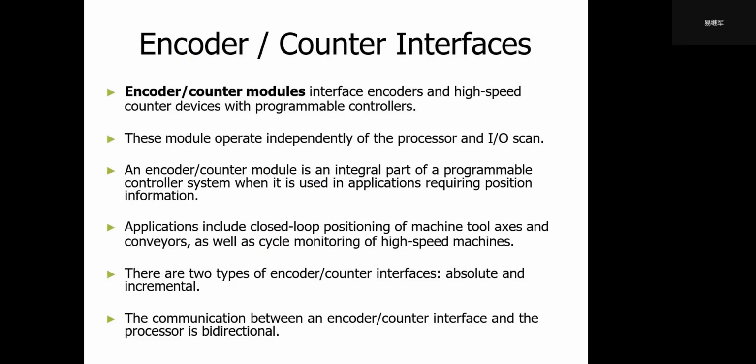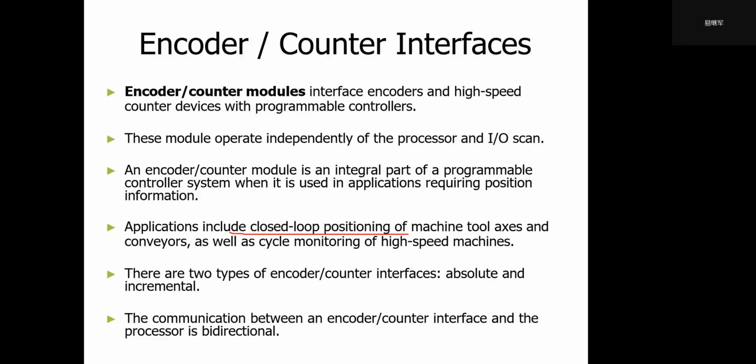An encoder counter module is an integral part of programmable controller systems when it is used in applications requiring position information. Applications include closed loop positioning of machine tool axes and conveyors, as well as cycle monitoring of high-speed machines.